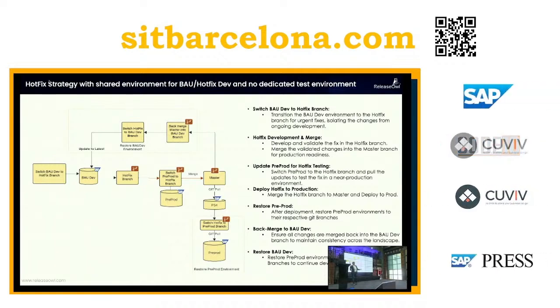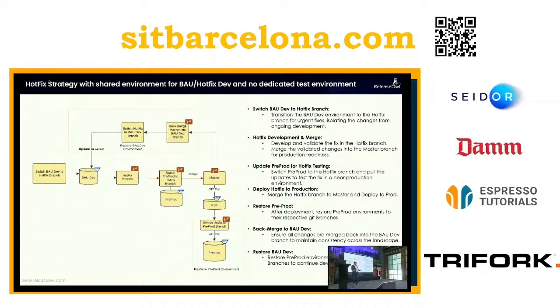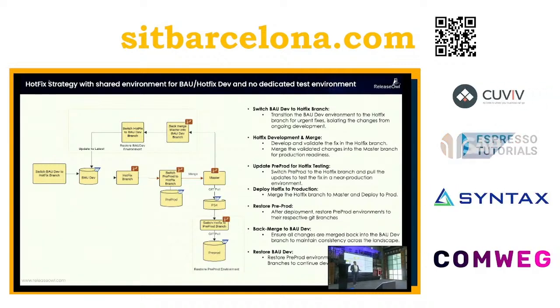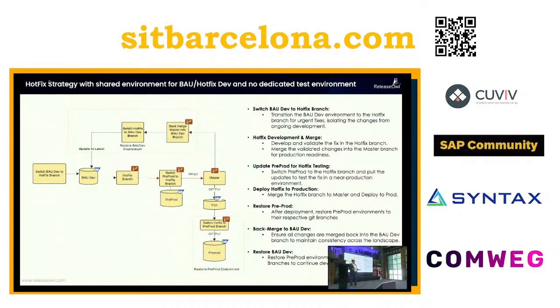Now they were asking, what are my SLAs? I have to deliver a P0 incident in 2 hours. That is my SLA. If the switch operation itself takes 4 hours, then it won't work for us. We will not be able to meet our SLAs for hotfix delivery.